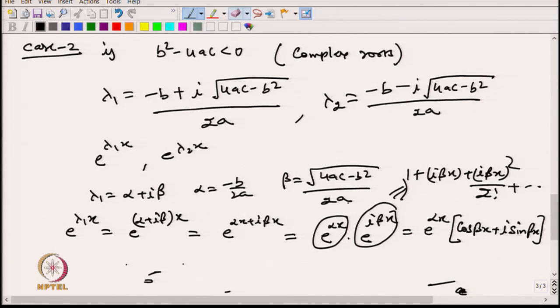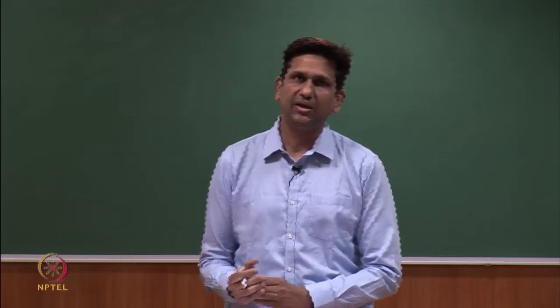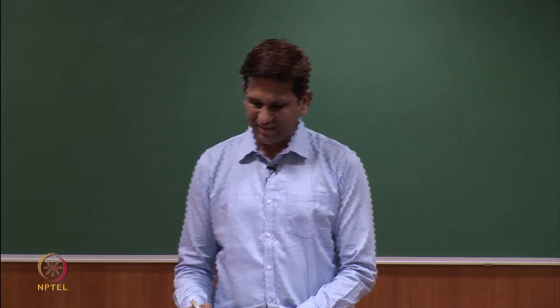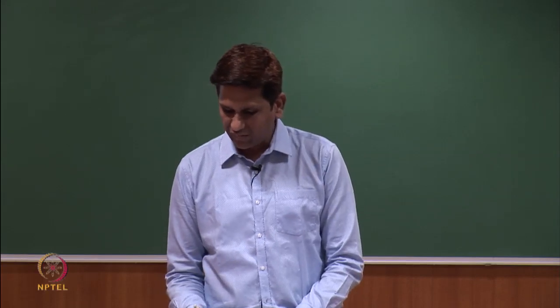From here I separate this function into a real part and the complex part. In this case I will have e raised to alpha x cos beta x plus I times e raised to alpha x sin beta x. So, that is my e raised to lambda 1 x. Now, for the differential equation we are dealing with, we need real valued functions as solutions, but here we are getting complex valued functions.